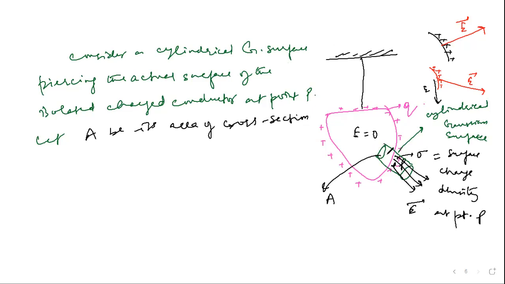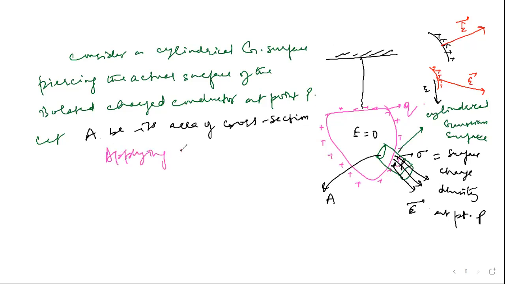No field inside the body of the conductor, so this end cap will not contribute anything. The curved walls of the cylindrical surface will not contribute anything, only the outer end cap. I hope it is clear to you.